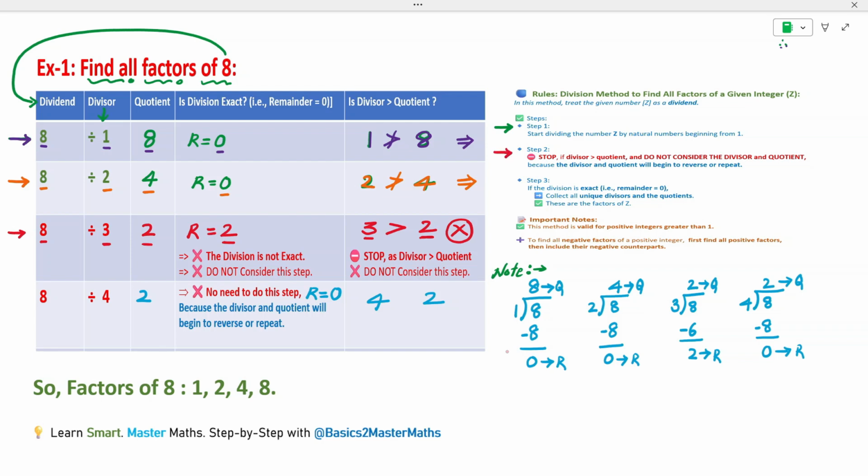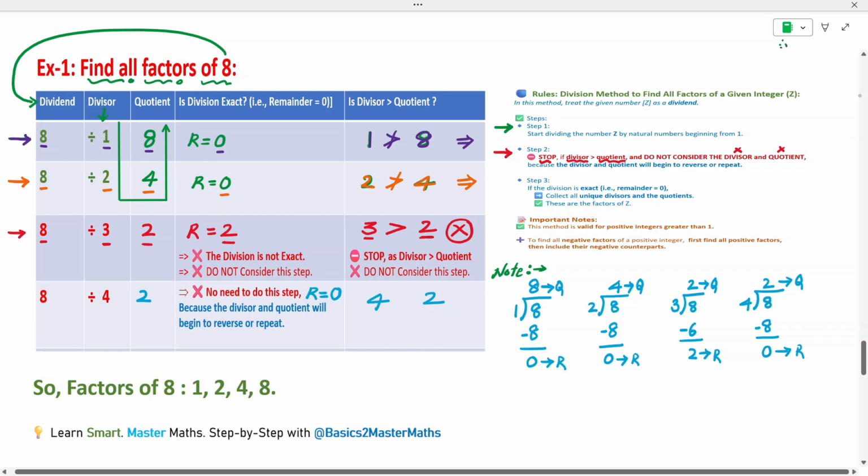This is the second step. Stop if the divisor is greater than the quotient and do not consider the divisor and the quotient of this step.